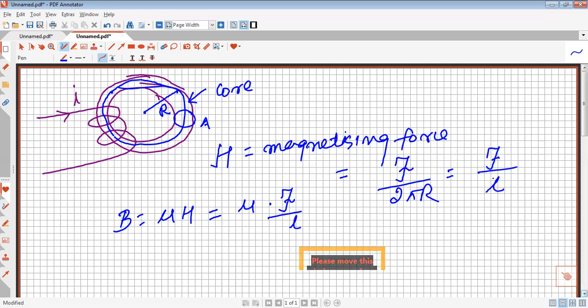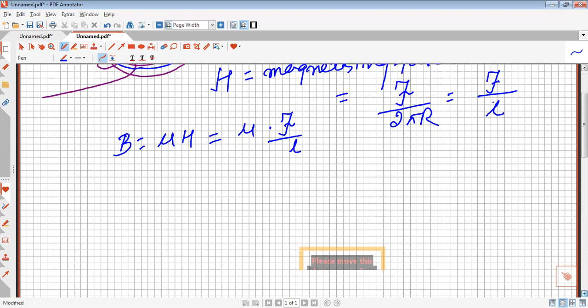The unit of B will be Tesla. We also know that B equals phi by A, flux per unit area. So flux equals B into area.